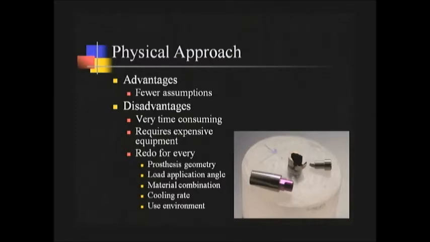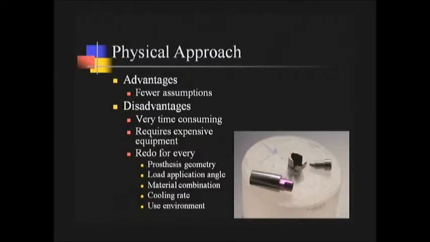And so the time required to test all the specimens can be a real bottleneck in this area of research. And then on top of that, you cannot just run the computer model again for every change you make. And so we have to redo the entire test to be certain every time we make any change in the clinical situation.